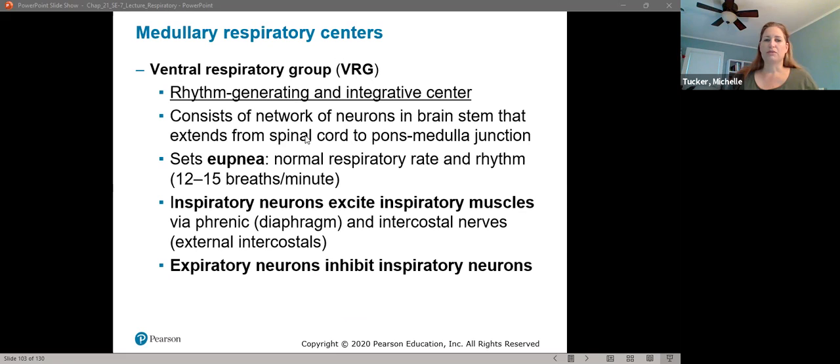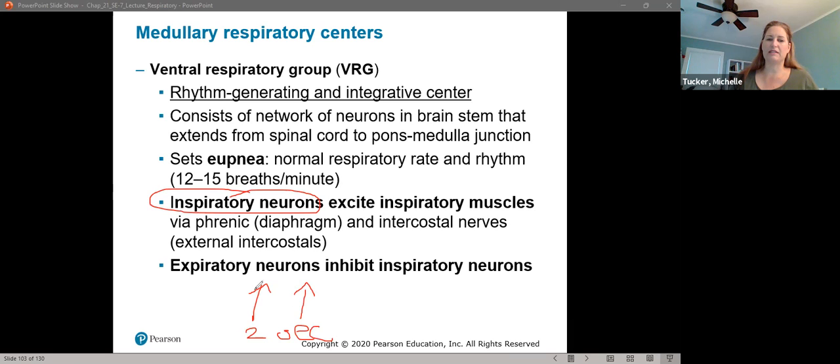It controls rate by sending action potentials through inspiratory neurons. So it sends an action potential and then another one. So for about 2 seconds, it sends stimulatory action potentials.